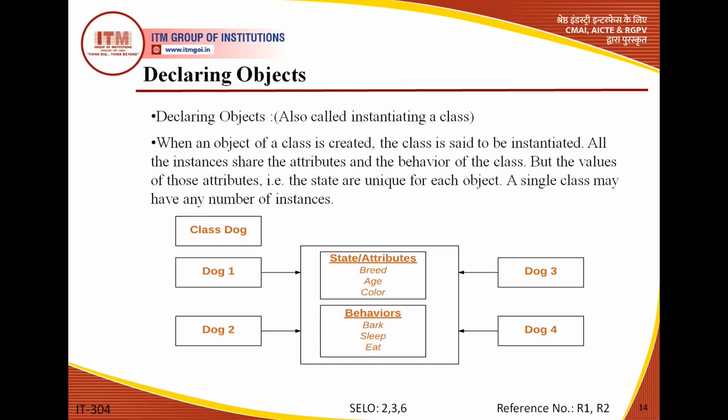But the values of those attributes, that is the state, are unique for each object, and a single class may have any number of instances. Okay, so as you can see here, these are the four types of objects in the form of dog 1, 2, 3, and 4, and everybody has the same attributes and behavior, but their class name is dog.